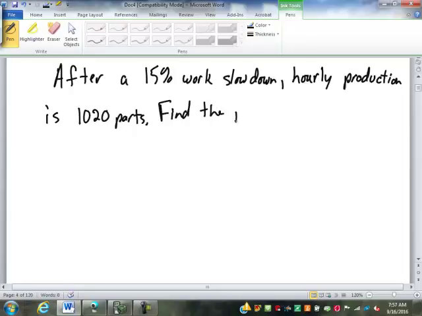Find the production rate before the slowdown.